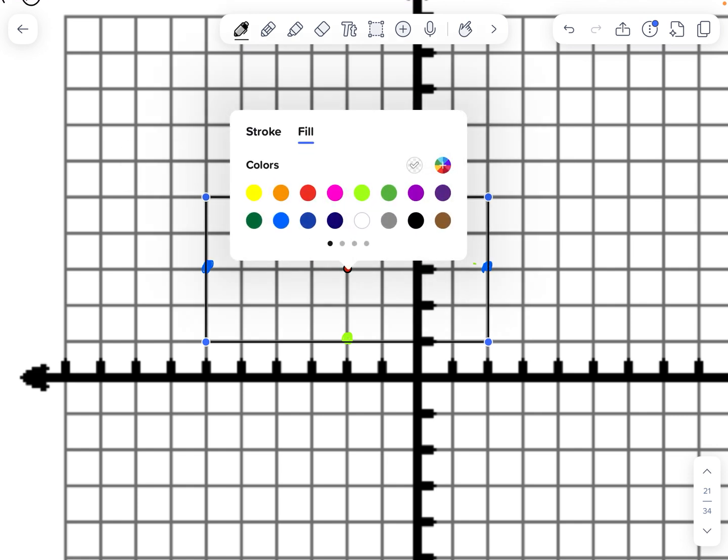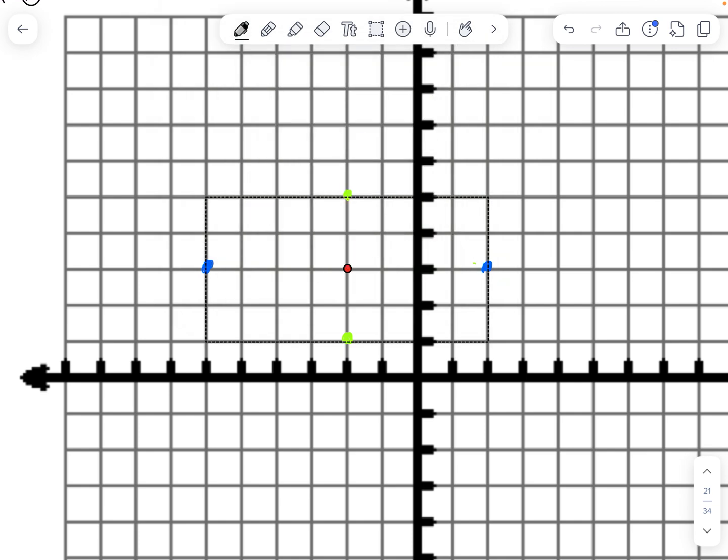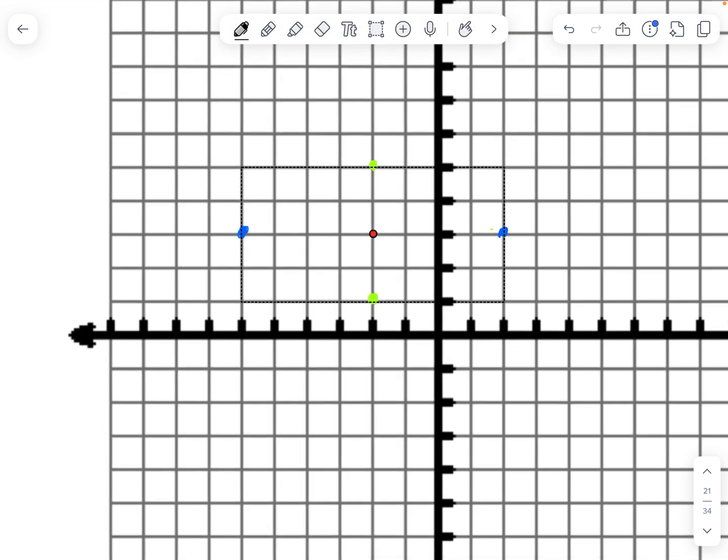Okay, since these are asymptotes, they are dotted. Now let's work on the lines.